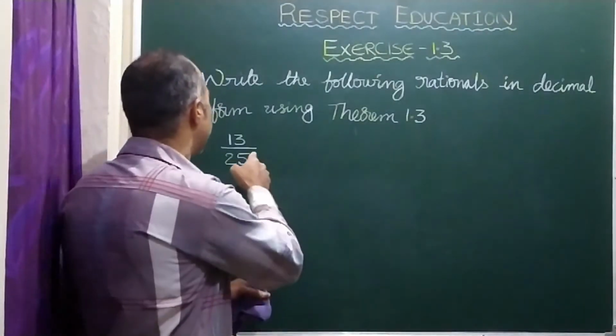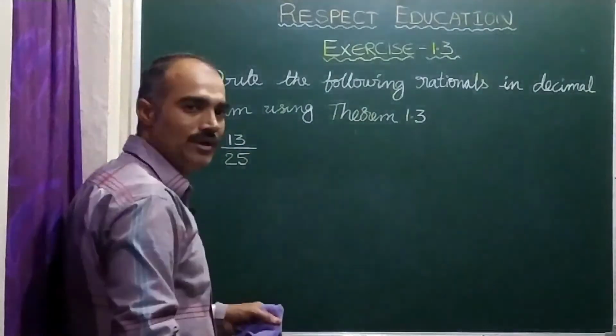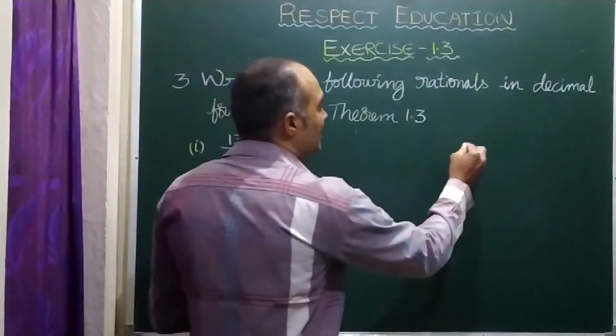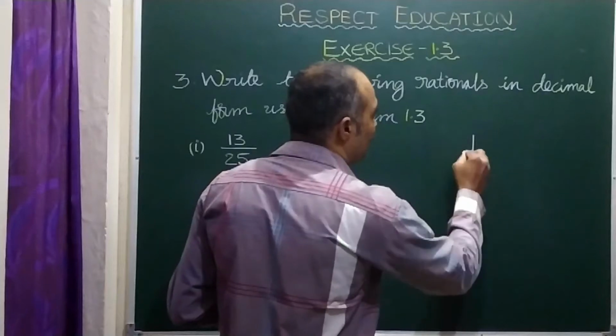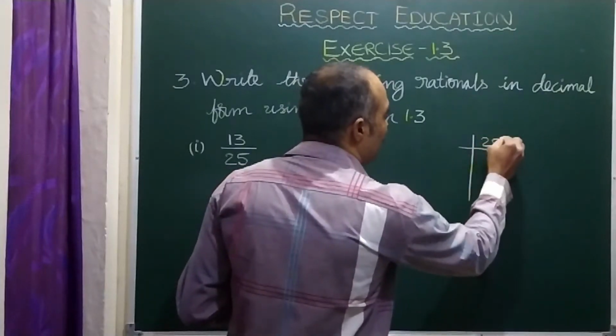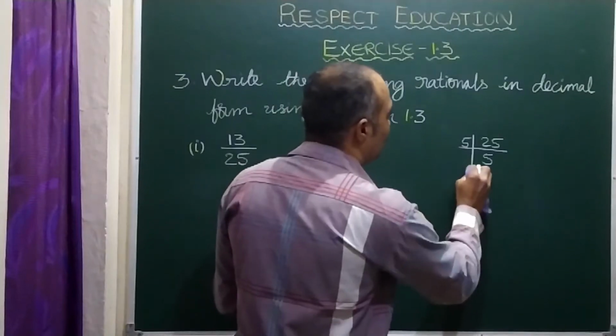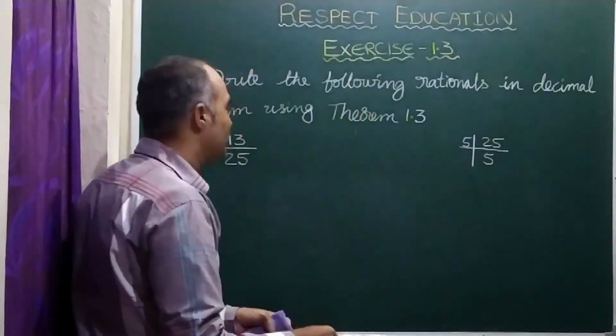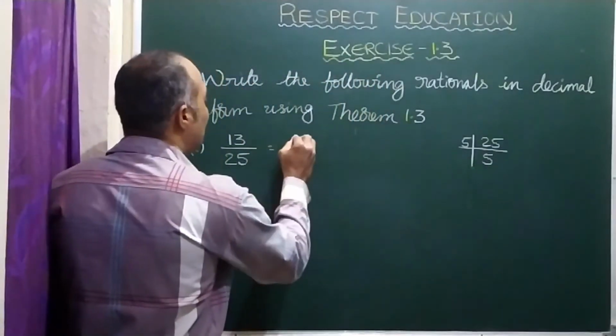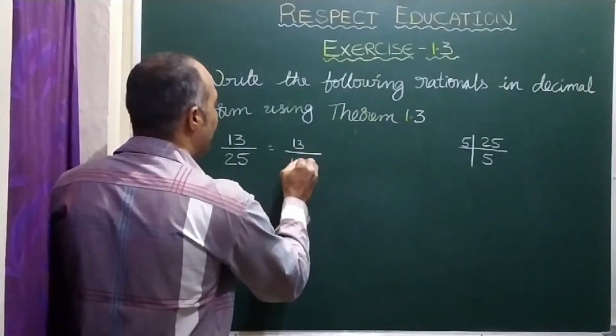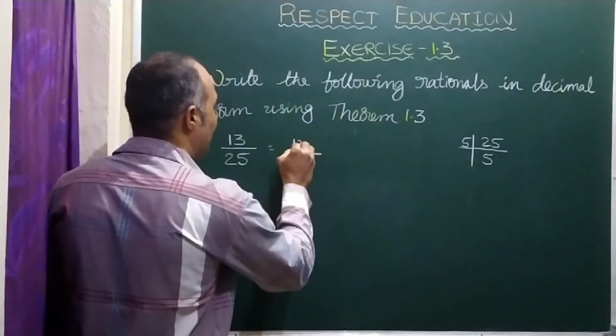Before converting, you just see, children, take the q here, that is 25. Let us find the prime factorization of 25. 5 5s are 25, that's all. So 25 can be written as 5 square, right? So here 13 by 5 square.